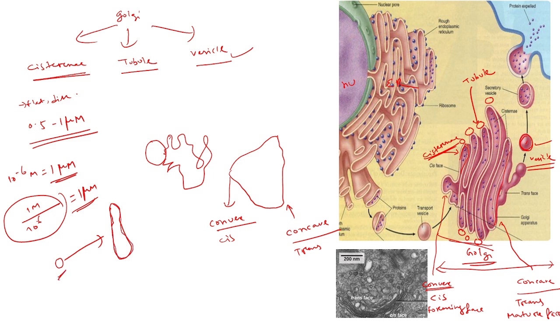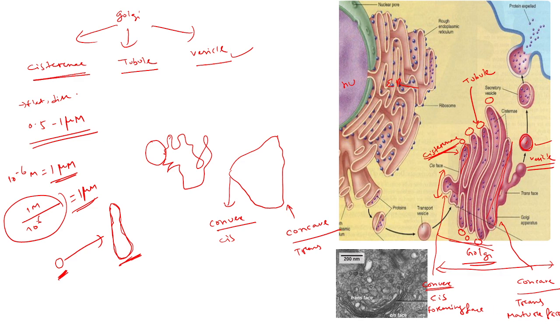So it is the forming phase and the mature phase. Here it is just formed, but here it is already matured. So that's why the trans part is called the mature phase.